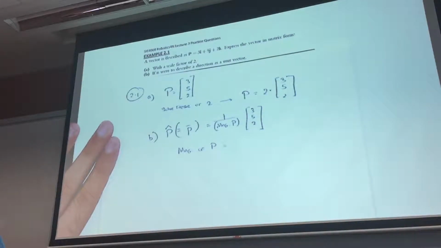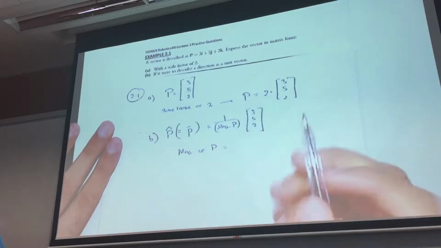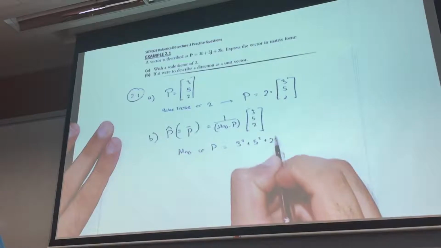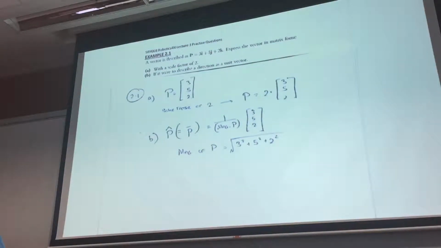How do you find the magnitude of a vector? Basic: square all the elements, add them up, then square root. It will be 3 squared plus 5 squared plus 2 squared, square root. This is your magnitude. Whatever answer you get, you put it in your magnitude.